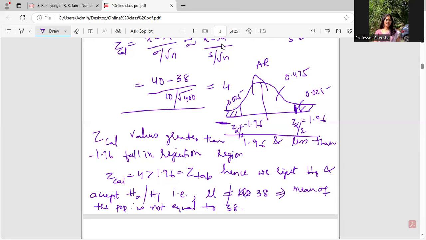It carries 1 to 1.5 marks in testing of hypothesis. So the conclusion is also important. To avoid errors, always make sure you shade the rejection and the acceptance region, so that you are clear with the acceptance region. Okay. Thank you.